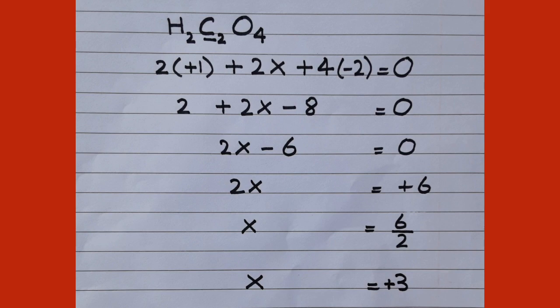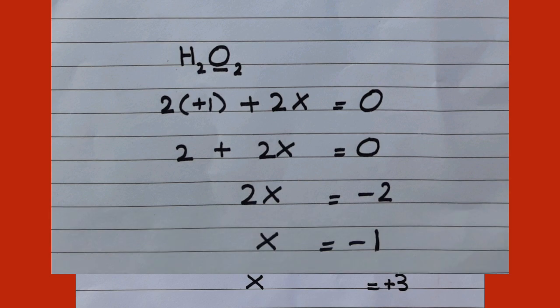H2C2O4, underlined element C. 2 multiplied by +1 plus 2x plus 4 multiplied by -2 equals 0. 2 plus 2x minus 8 equals 0. 2x minus 6 equals 0. 2x equals 6. x equals 6 divided by 2. x equals +3.